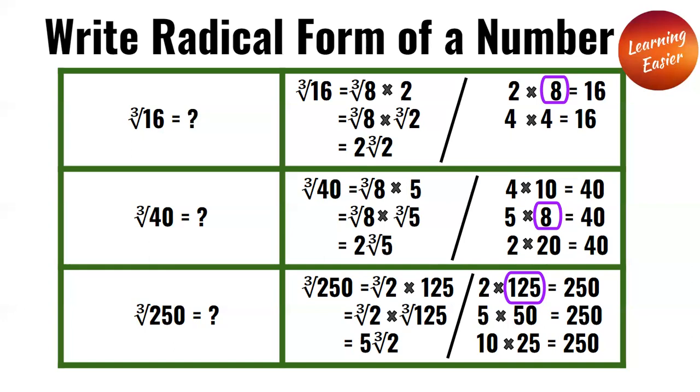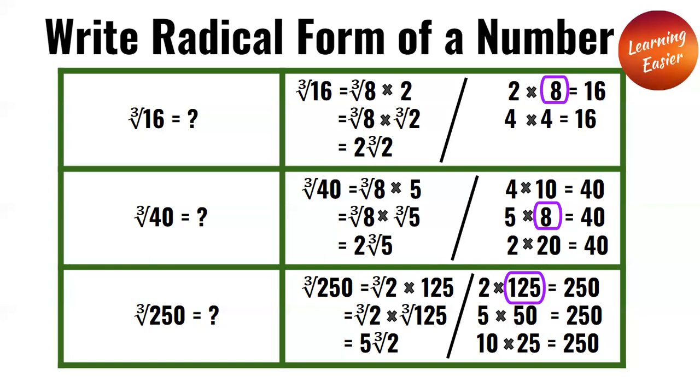So we're going to use 8 and 2 to simplify the cube root of 16. It's sometimes confusing, but always look at the index. Cube root of 16 is equal to cube root of 8 times 2, which is equal to the cube root of 8 times cube root of 2, which is equal to 2 cube root of 2.